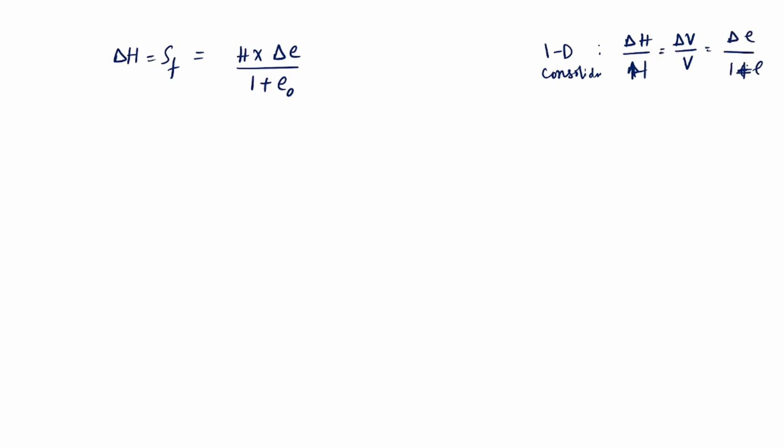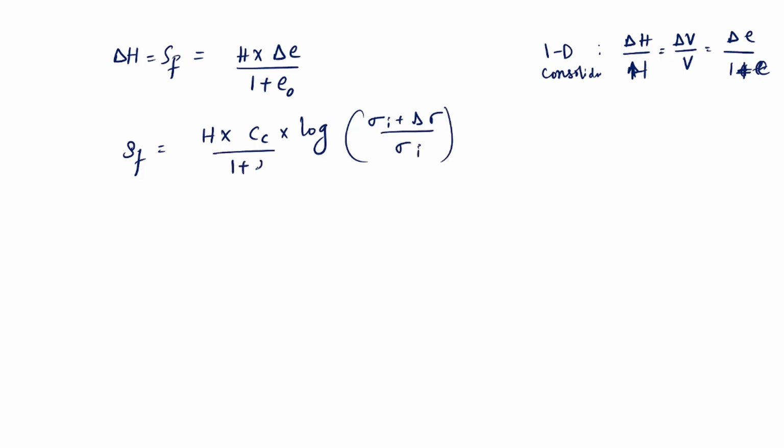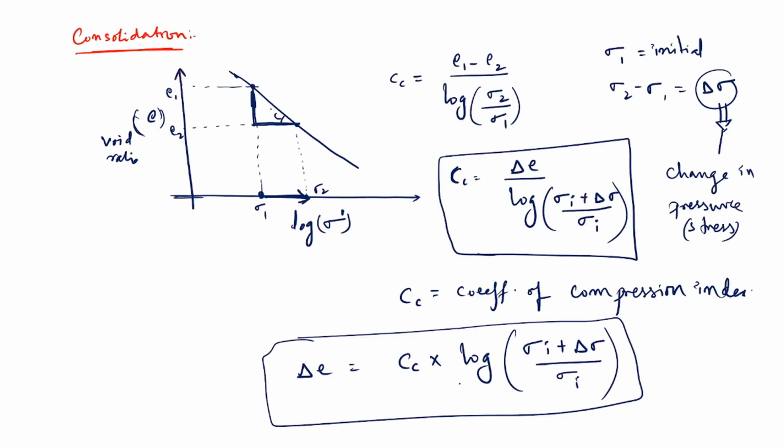So settlement is H multiplied by Cc log of sigma initial plus change in effective stress over sigma initial, divided by 1 plus e naught. In place of delta e, I just wrote this.